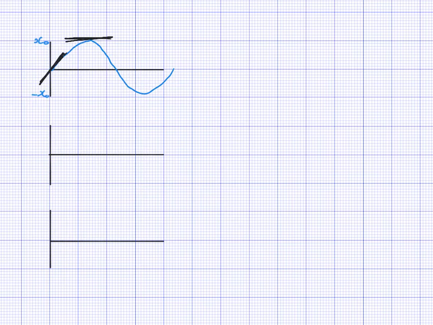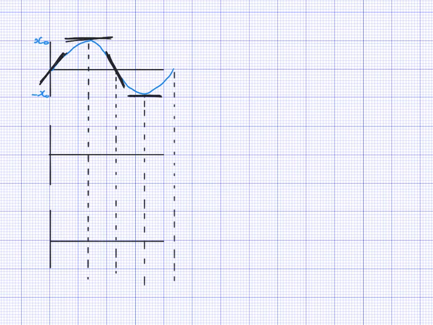And then slope at this point is going to be my maximum negative slope. And then, of course, I'm back to my 0 slope, and so on. What we're going to want to do is keep track of these points, and I'm going to just draw some vertical lines so that as we go down our derivatives, we can go from displacement to velocity to acceleration.